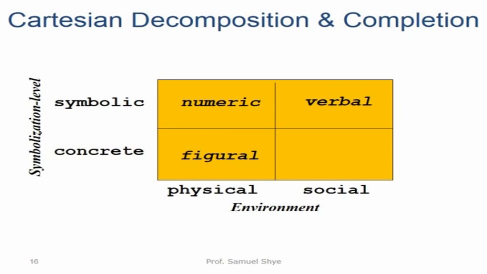For this purpose, the 3 kinds of materials, verbal, numeric, and figural, may be decomposed into elementary facets. The 2 elementary facets I propose are the environment, whether physical or social, and the symbolization level, whether it is low symbolization level, that is concrete, or whether it's high symbolization level.